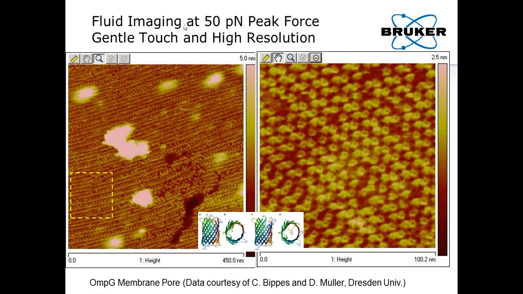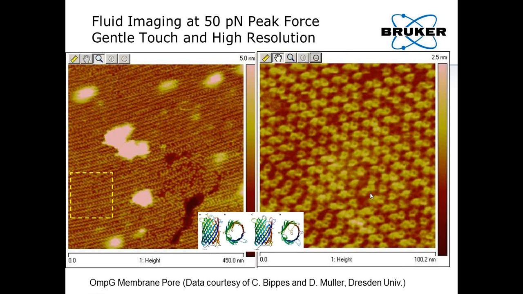And we can control the force to below 100 piconewton. In this example, it's a fairly challenging sample. It's a protein membrane on the surface, and usually it's fairly hard to do. But here with PeakForce tapping mode, we can image this soft sample fairly routinely, easily, and with high resolution.